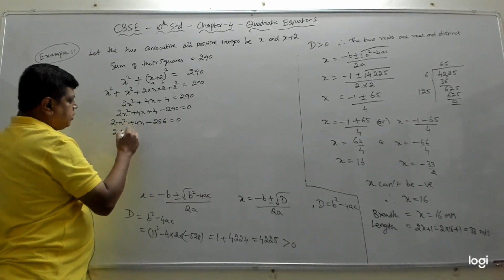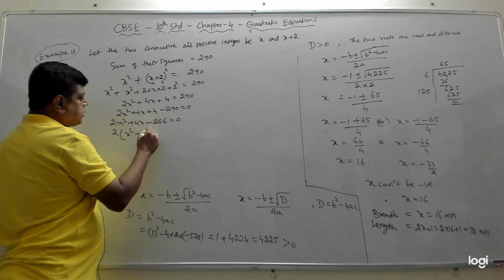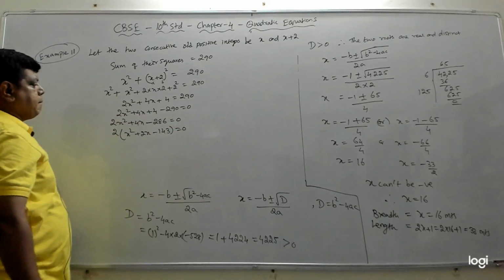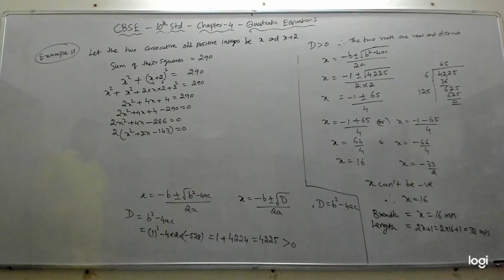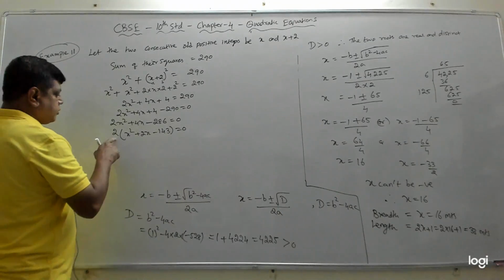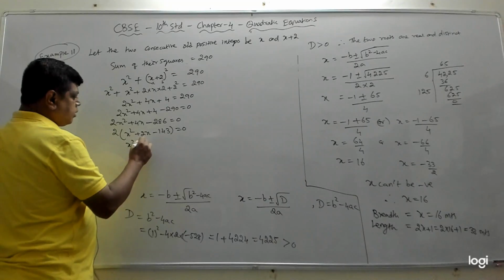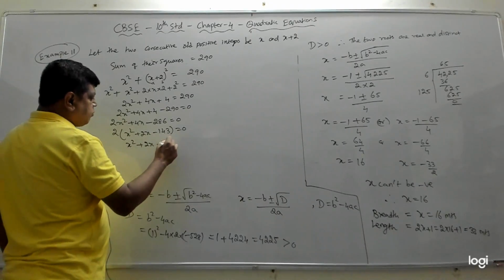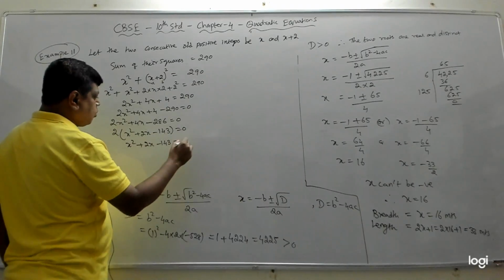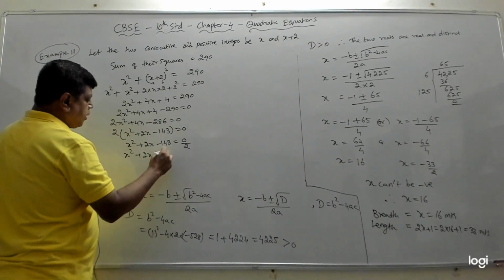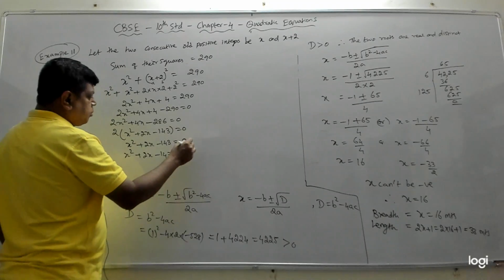We take 2 common: x square plus 2x minus 143 equal to 0. This 2 will go down, it will become 0 by 2. You get x square plus 2x minus 143 equal to 0. 0 by 2 is 0.